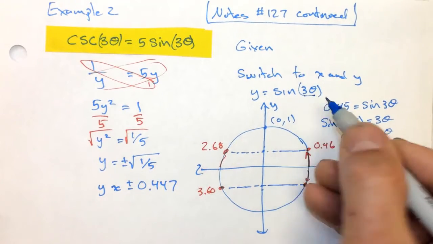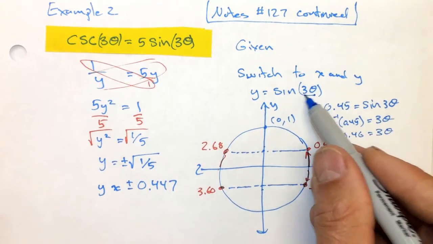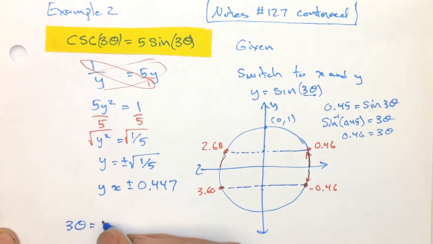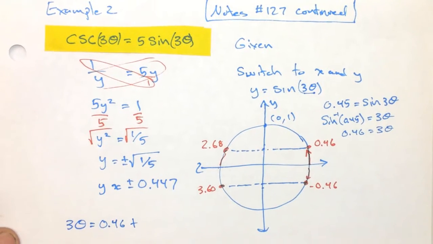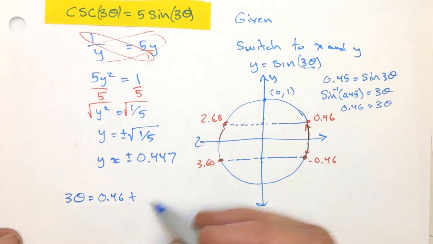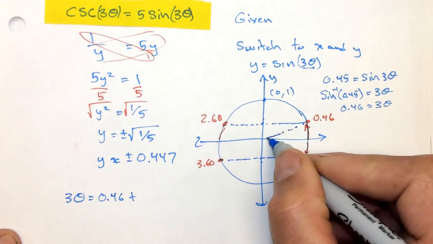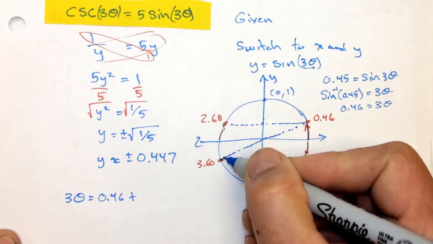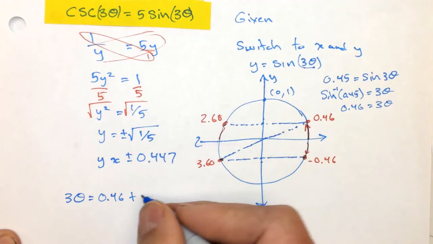So these are actually values for 3 theta. So if there's a multiplier next to theta, I have to remember that my solutions are 3 theta equals 0.46 plus multiples of the circle. Usually it's 2k pi, but in this case I could represent both of these solutions because they're just a half a circle away, so every multiple of pi.